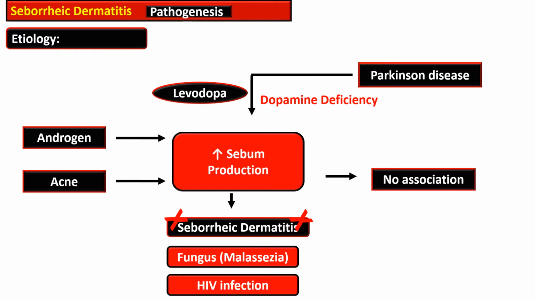In HIV infection, especially where the CD4 count is very low, it results in a severe form of seborrheic dermatitis. But after the introduction of antiviral therapy for AIDS, the incidence of these lesions has decreased.